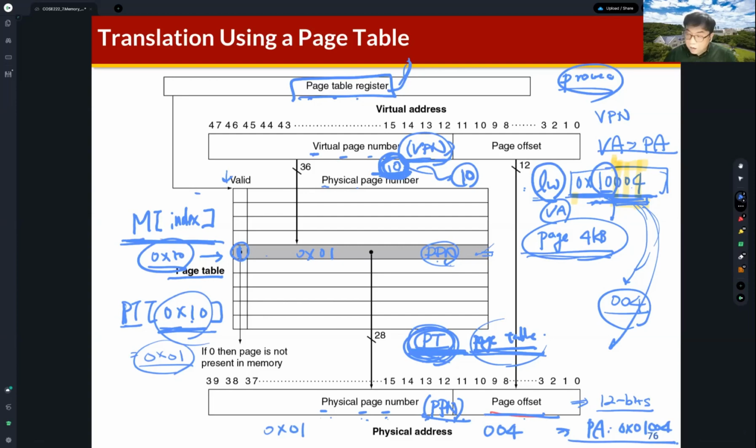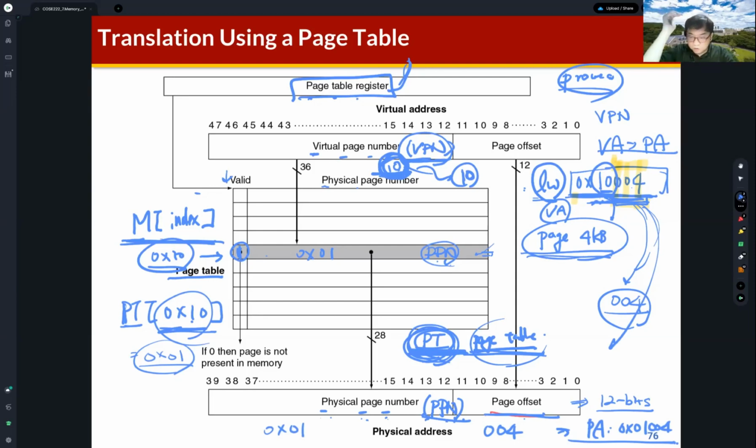Okay, that's how the virtual address is translated into the physical address. And then, in order to access the real data, we need to know the physical address, not the virtual address. As I mentioned, virtual means fake.